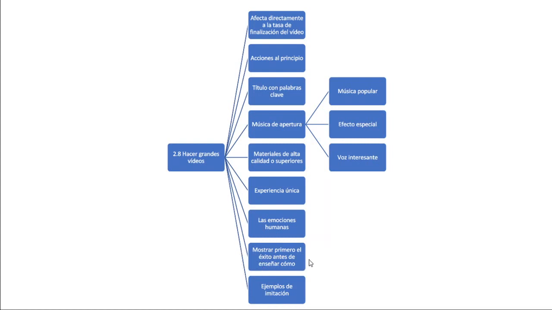And the next point is showing success right before you even try to talk about it or teach it. An example is, say you are a chef specializing in Italian food.